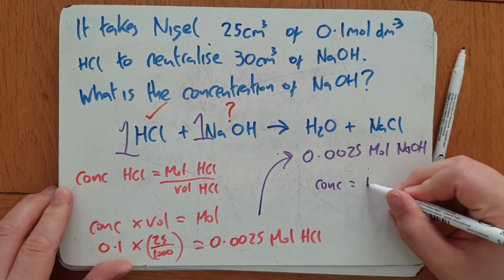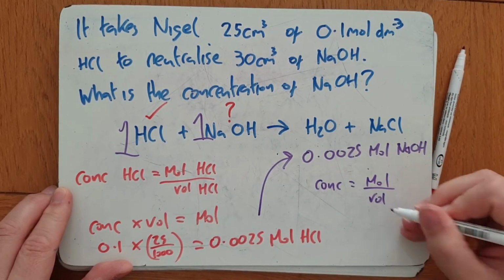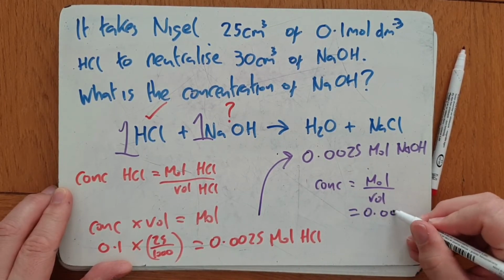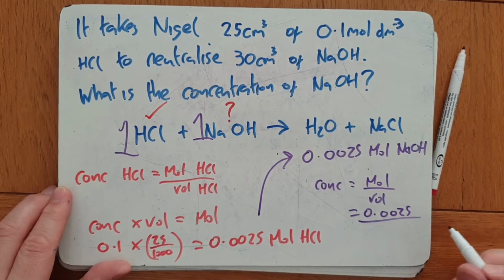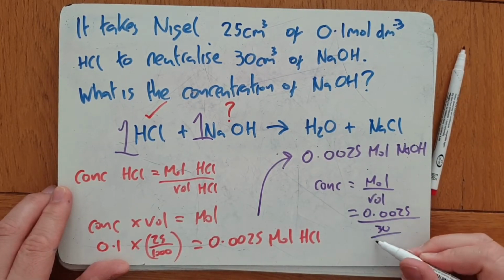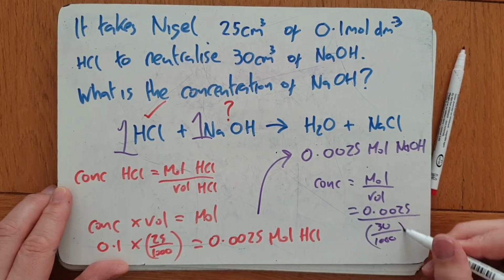The whole point of this, the whole question, what is the concentration of NaOH? So concentration equals moles over volume. We know the moles now, it's 0.0025, and the volume, well, it was 30, but it's centimeters, so we need to change it to decimeters.